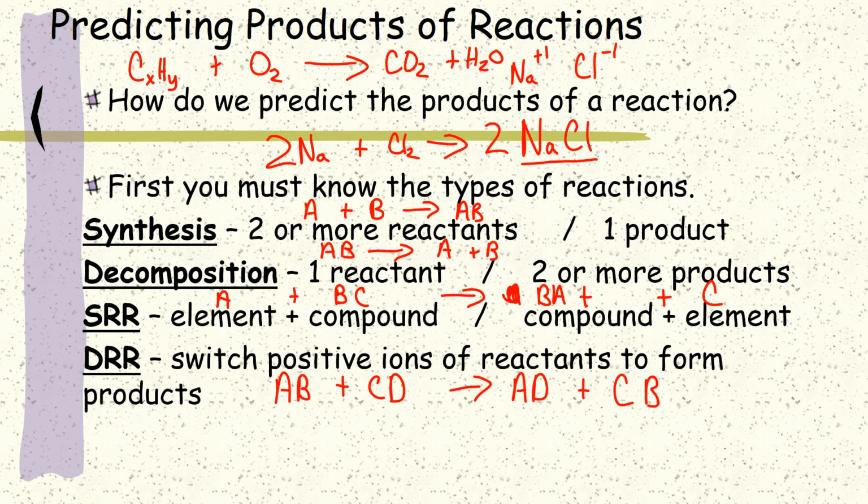No matter what, if you see this circumstance, the product is always carbon dioxide and water. You will have to go back and balance at the end. They're not balanced when we do this. We're just predicting products at this point.